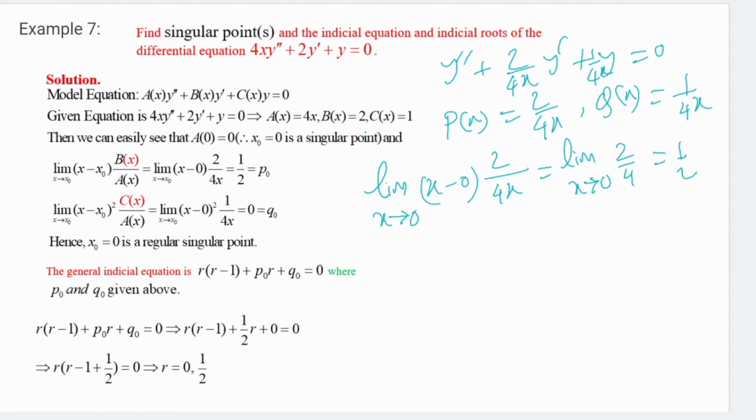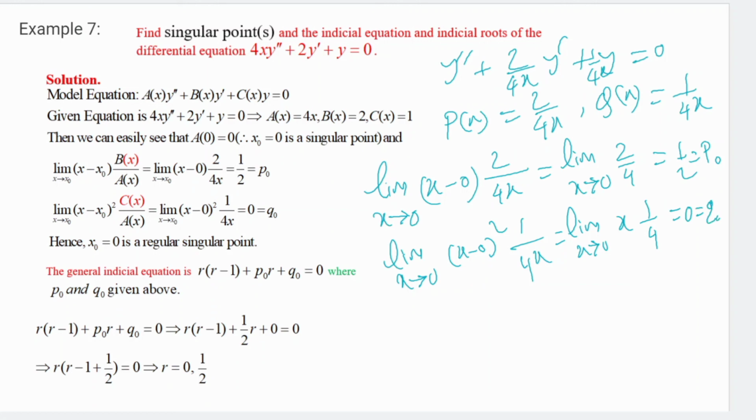So this is our p naught. Similarly, the limit as x goes to 0 of (x minus 0)² times q(x), 1 by 4x, gives x times 1 by 4. So the answer is 0, and this is q naught.